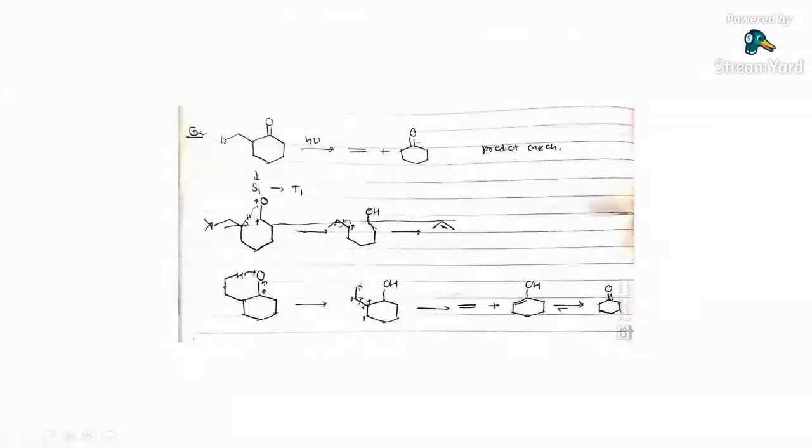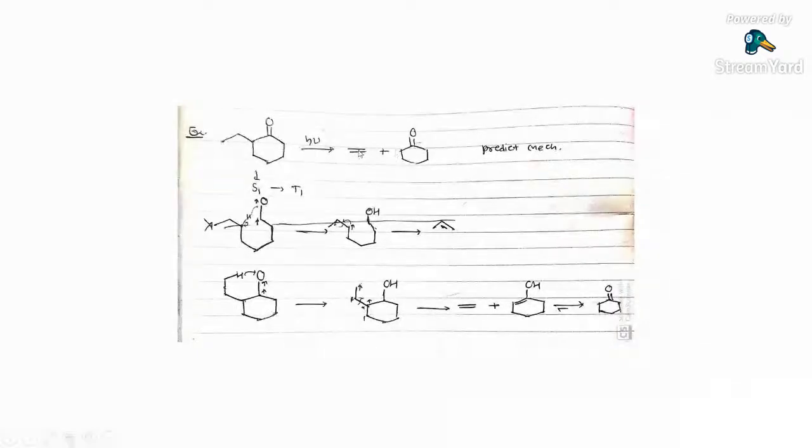It is giving this product, and as it is a fragmentation reaction, as I have already told you, in fragmentation reactions we have to study the Norrish type 1 and Norrish type 2 reactions. So in fragmentation, here you can see they have formed this bond. This is alpha, beta and gamma position. So alpha-beta will undergo cleavage and they will form the bond after abstraction of gamma hydrogen, as a result of which you will get this product.